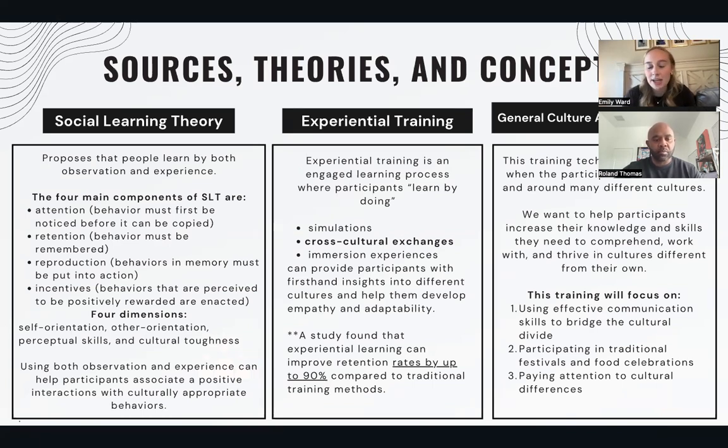So the four main concepts of social learning theory are attention, which is behavior must first be noticed before it can be copied; retention, behavior must be remembered; reproduction, behaviors and memory must be put into action; and incentives, behaviors that are perceived to be positively rewarded are enacted.